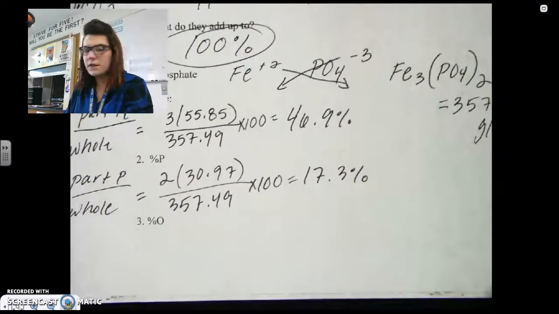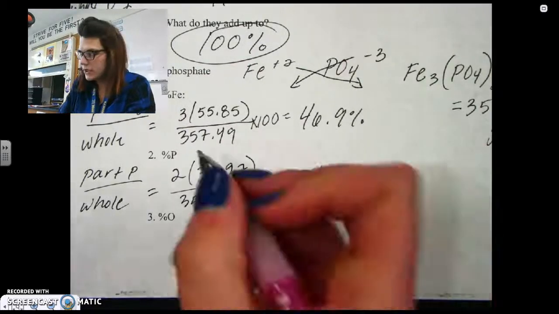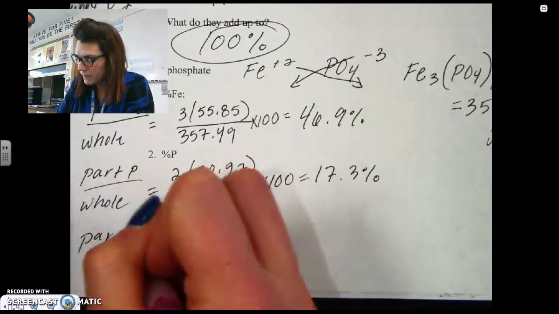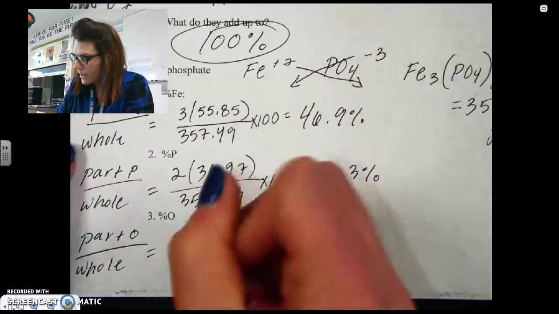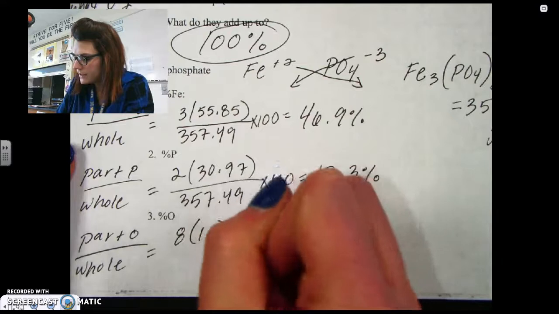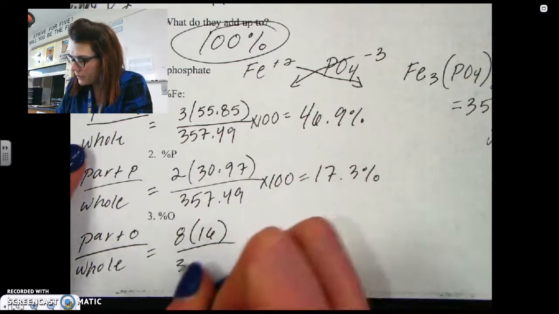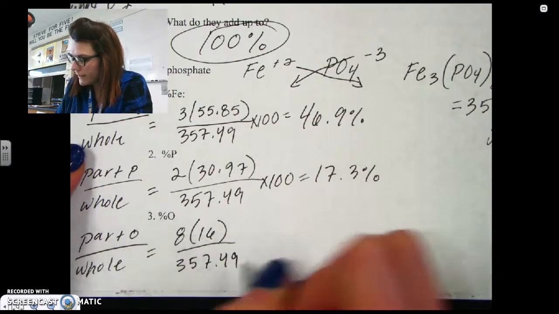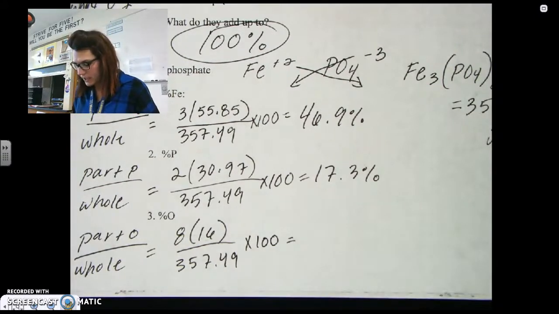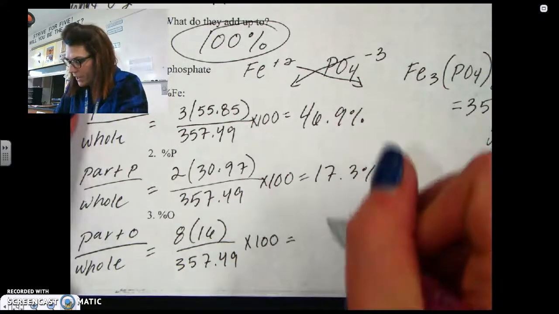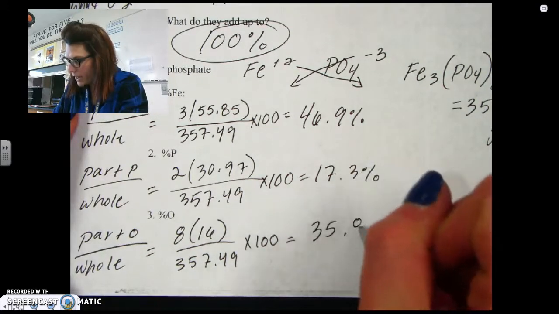And then lastly, my percentage of oxygen is going to be part oxygen over whole. I have 8 oxygens. So 8 times 16 divided by 357.49 times 100, and I get 35.8%.